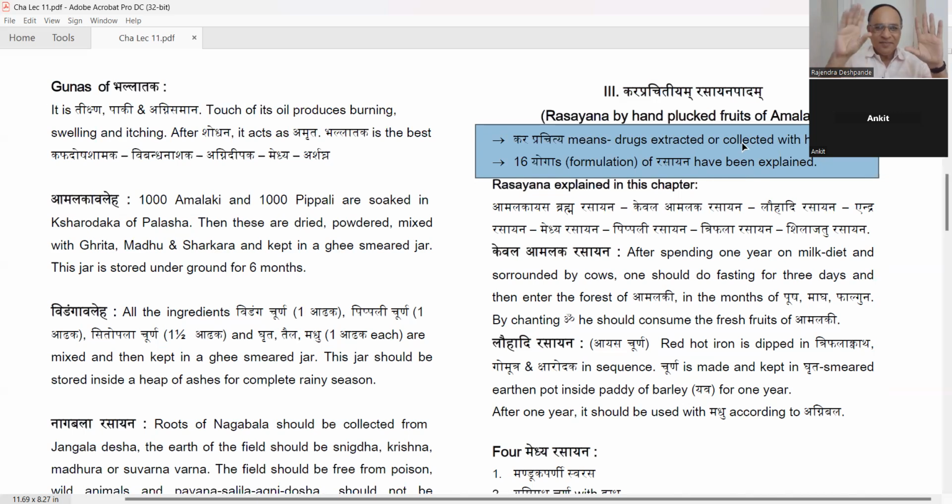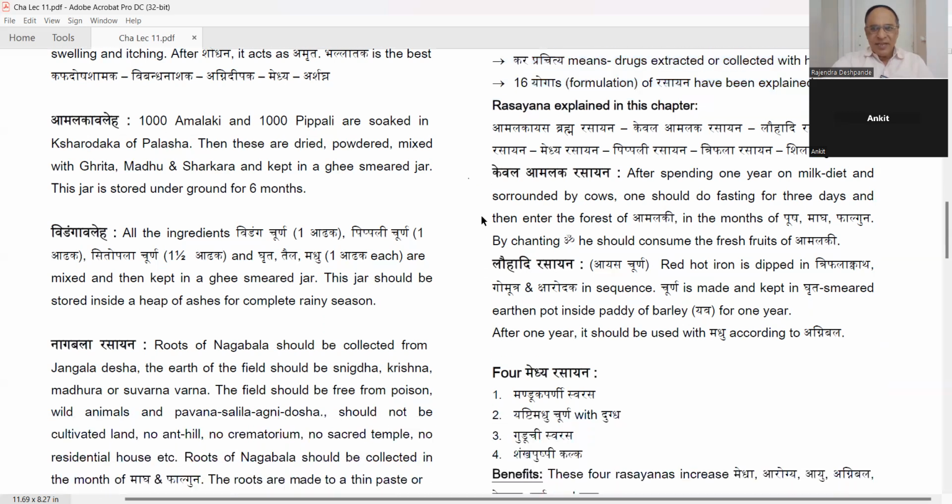In this chapter, 16 yogas or formulations of Rasayana have been explained. 16. Write down this number, please. 16 in the Karaprachitiya chapter. I think a better way is to write down in the notebook. I will wait.